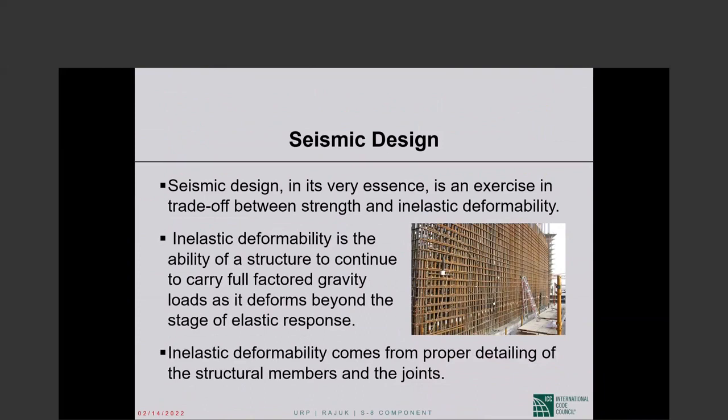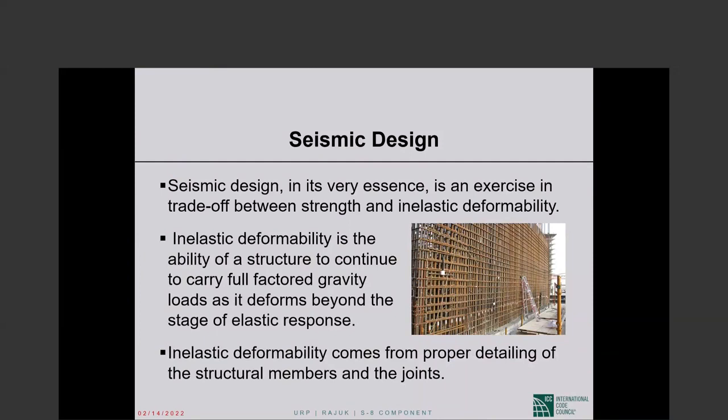Yeah. Some basic stuff that I have gone over with you probably more than once. Seismic design, in its very essence, is an exercise in trade-off between strength and inelastic deformability.